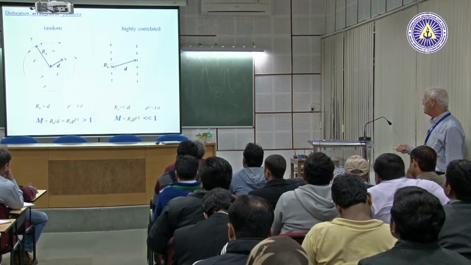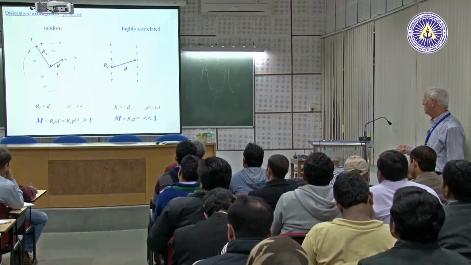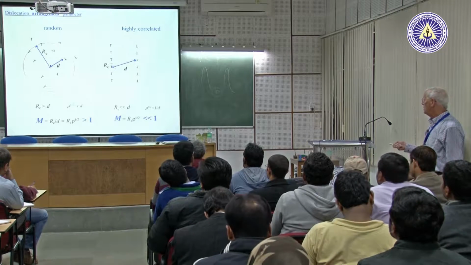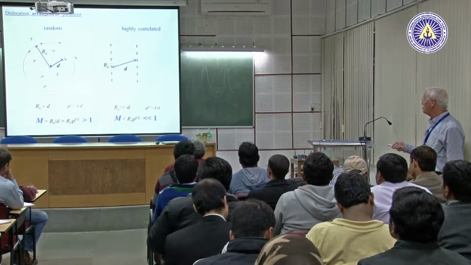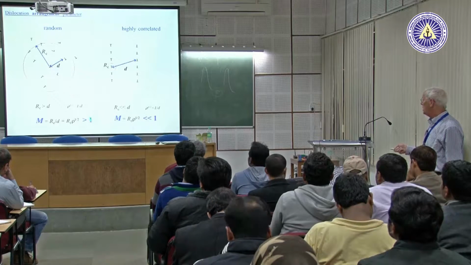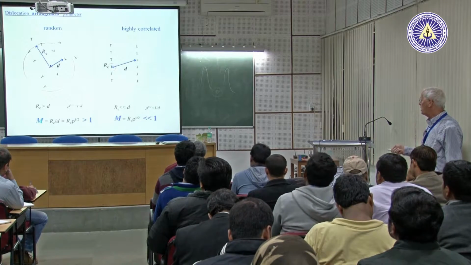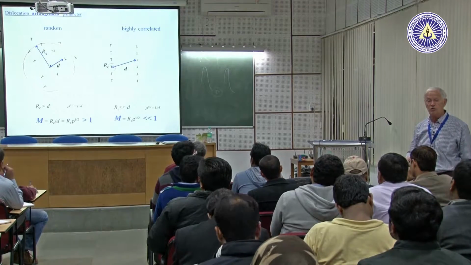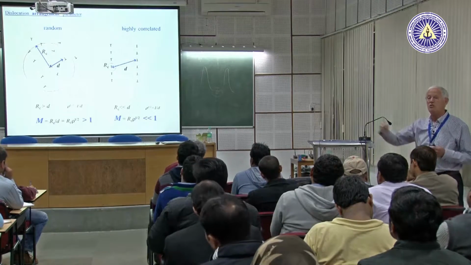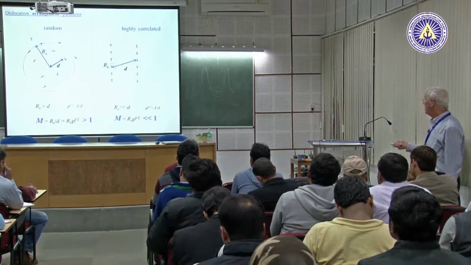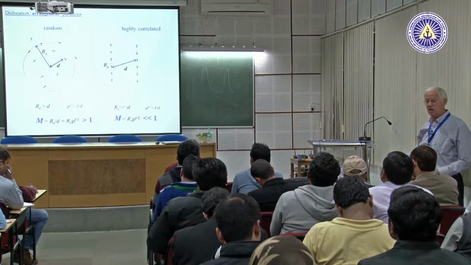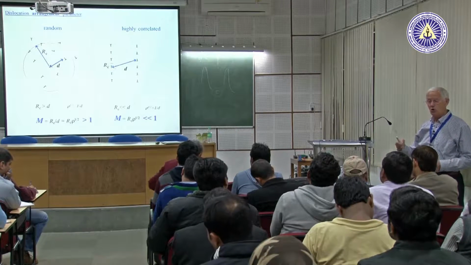And if this is larger than 1, for this dislocation arrangement, this will be larger than 1. This M parameter, the dislocation arrangement parameter, will be larger than 1. In the other case, it is the other way around. It will be much smaller.